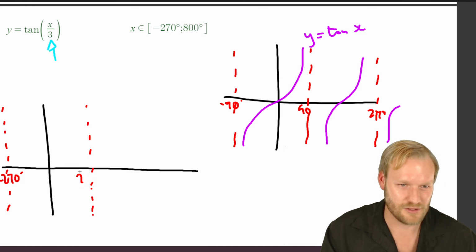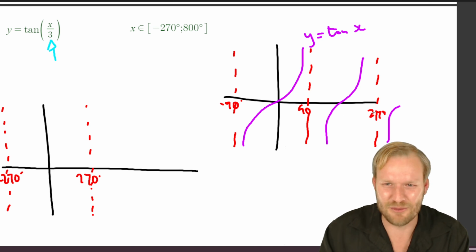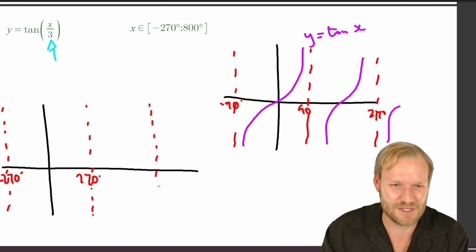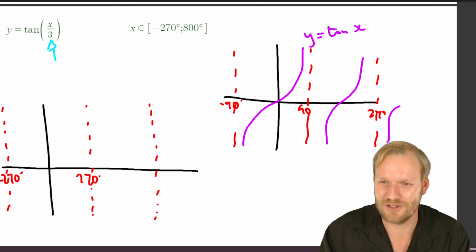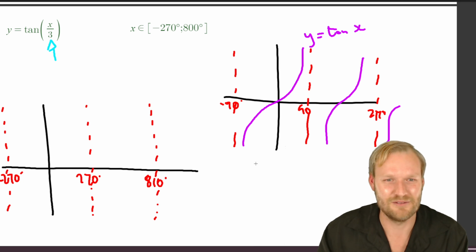And then the next one is going to be at 270 times 3. That's a rather large number. What is 270 times 3? Okay, you're better than me. 810. So this one here is at 810.